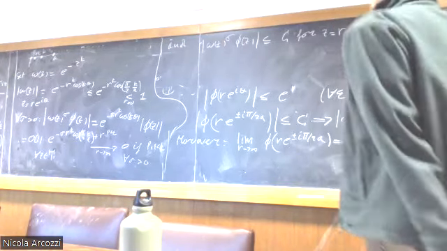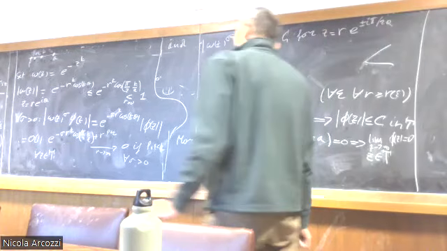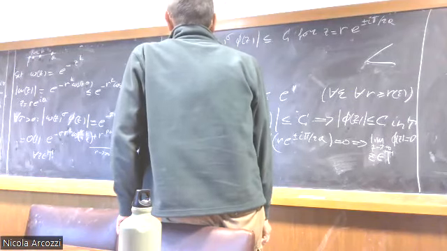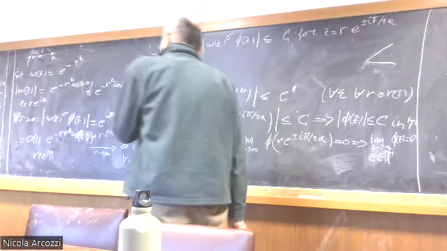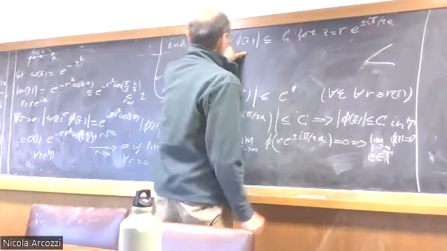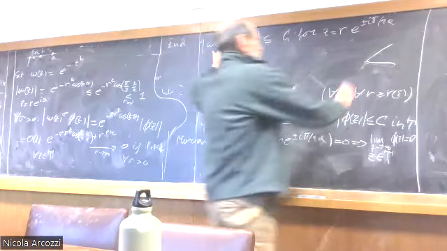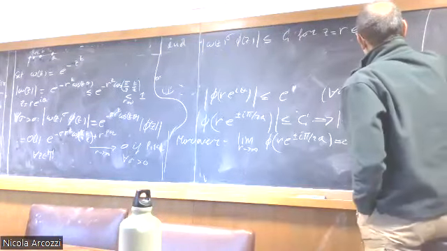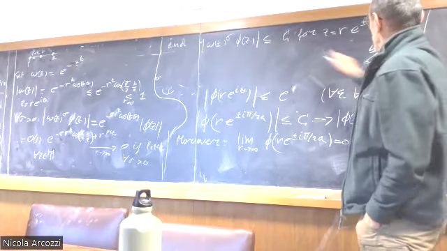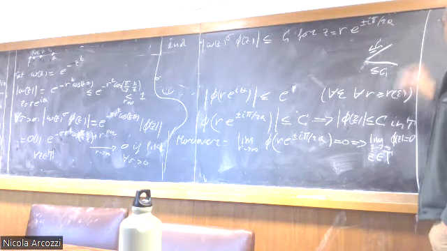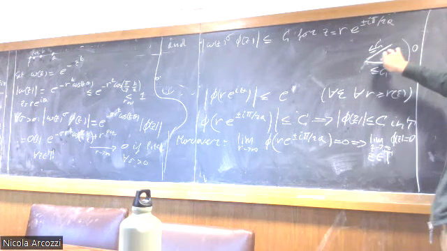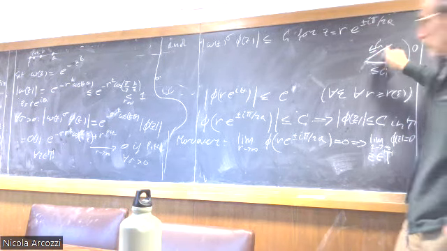Well, I guess we're done because we have that this function is less or equal than c on the boundary of the region T, and it goes to 0 at infinity, so we can apply the maximum principle.